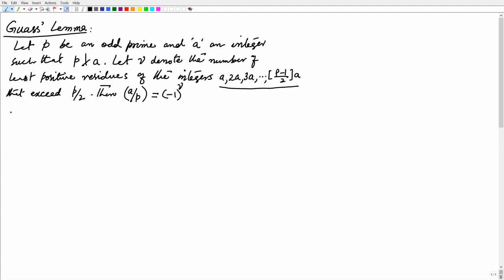Let me give an example. How to compute the Legendre symbol of 5 over 23? What is the Legendre symbol of 5 over the prime 23?